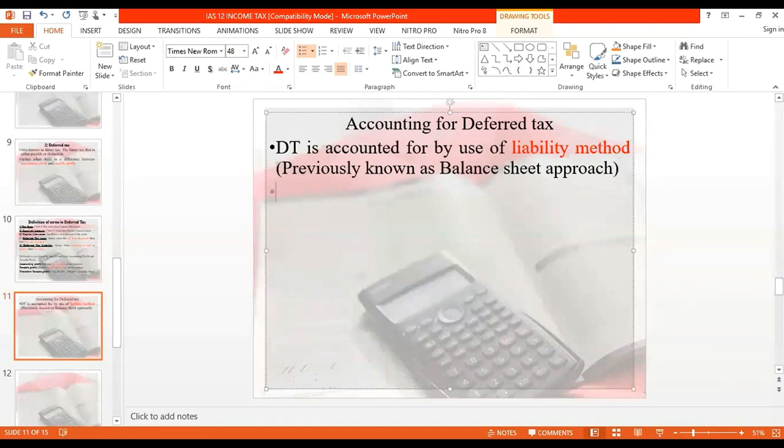So what is the format for calculating deferred tax? Please, let's understand this format as we wind up. How do you calculate deferred tax?